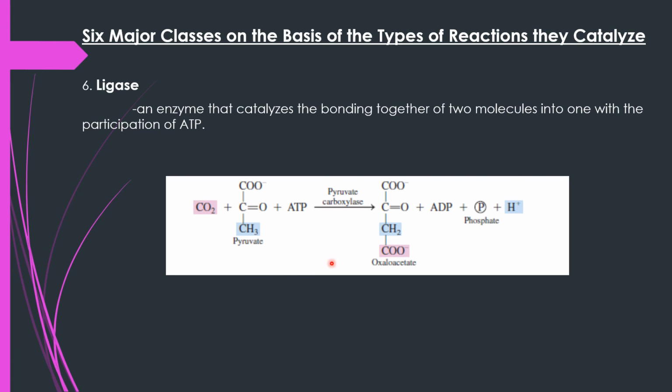As you can see, it produces oxaloacetate, wherein carbon dioxide is combined with the pyruvate structure. The ATP has been converted into adenosine diphosphate, and it also produces by-products, which are the phosphate group that came from the ATP and an H plus ion. So this is the ligase reaction.